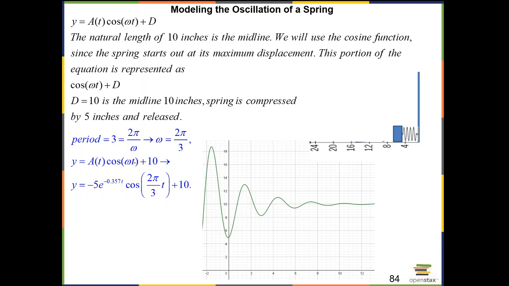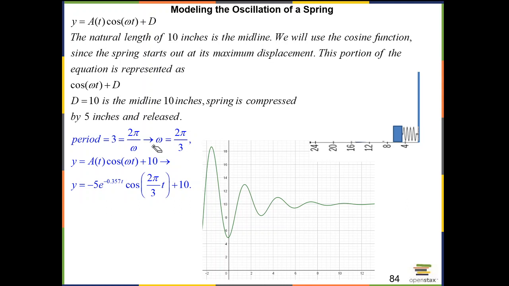And since the natural length is 10, then the average, the middle, would be 10. We moved it from 10, so we compressed it from 10 here. So it's going to come back here, but it's not going to go to 15. Then it's going to do this, and it's going to stop eventually.